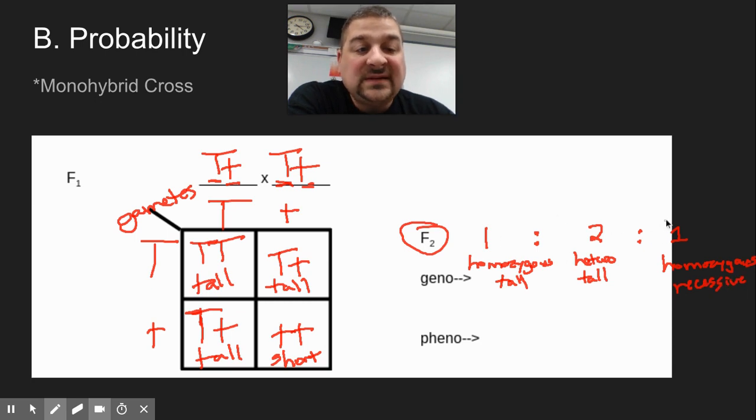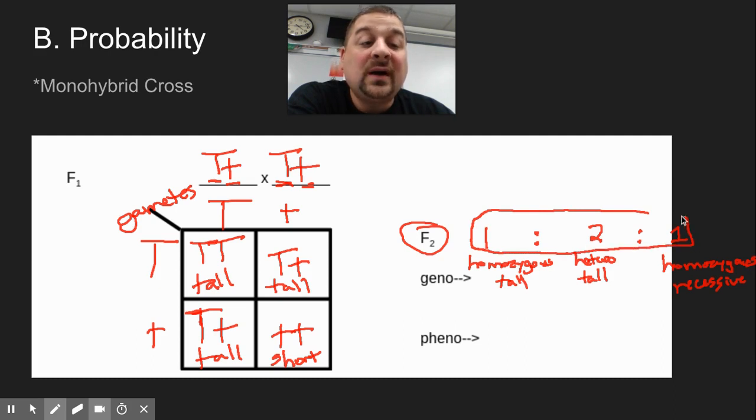So we say the genotypic ratio of the F2 of a monohybrid cross is 1 to 2 to 1: 1 homozygous dominant, 2 heterozygous dominant, and 1 homozygous recessive.